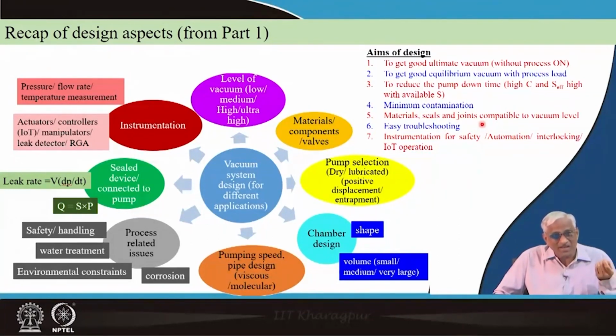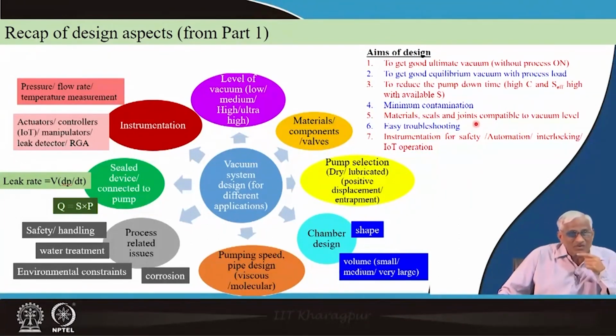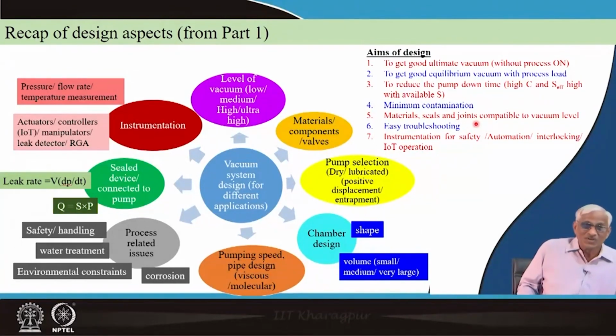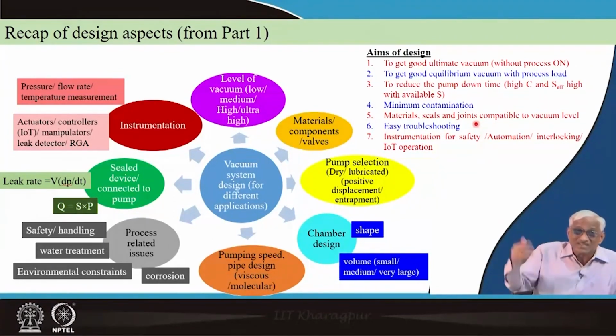Does not matter if you make an error in the thickness calculation, if it is ultra high vacuum, it will be little thicker. Do not make error on the other side. Instead of 5 millimeter optimum design, you have made 10 millimeter. It is okay, because 10 millimeter also will reduce the diffusion and permeability from all the way from outside. So, even if you have made a mistake from mechanical strength point of view while designing a vacuum system, you gain something else.